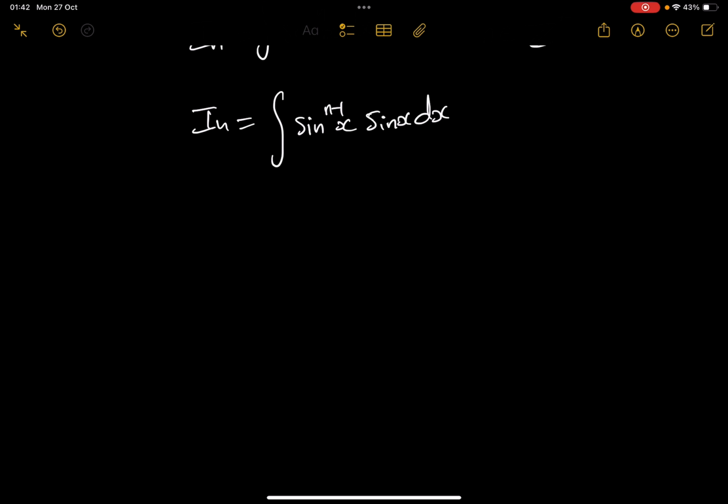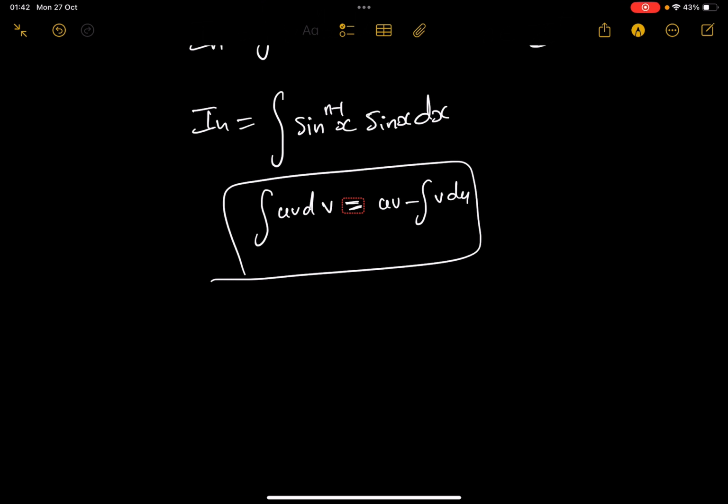But the tricky part is how do you determine u? Remember the integration by parts formula: the integral of u dv is equal to uv minus the integral of v du. So how do you determine u?